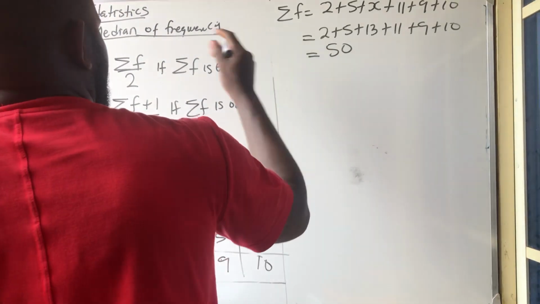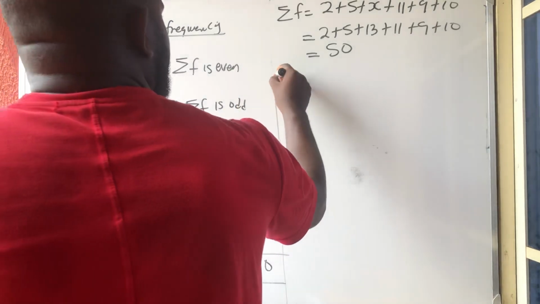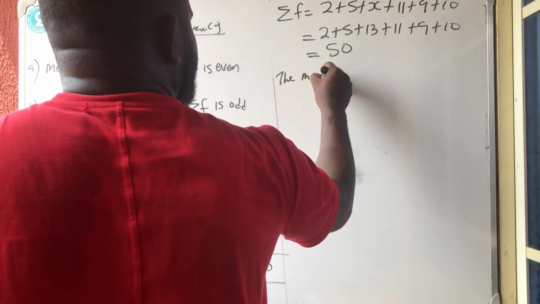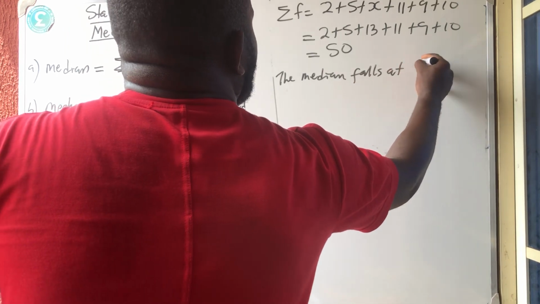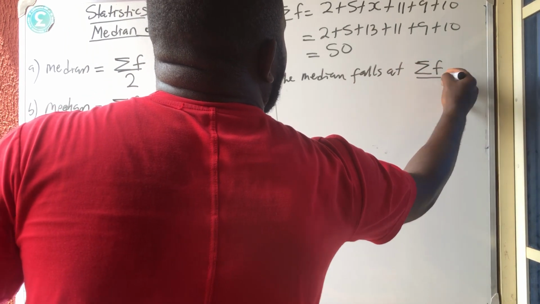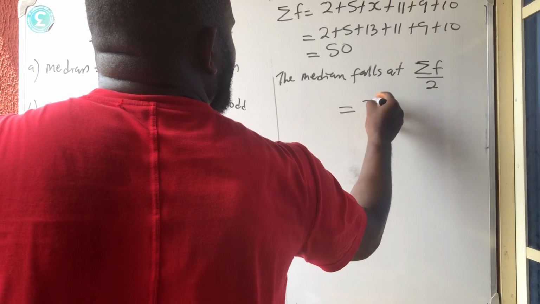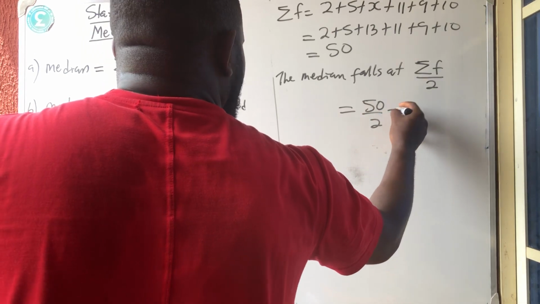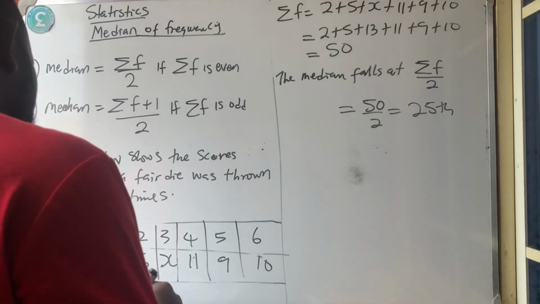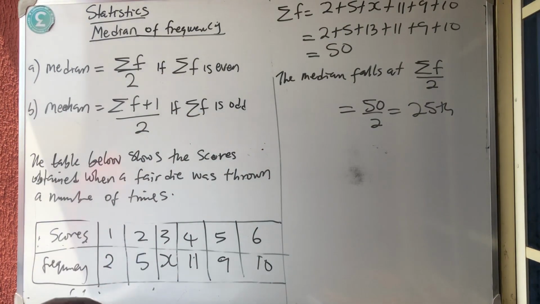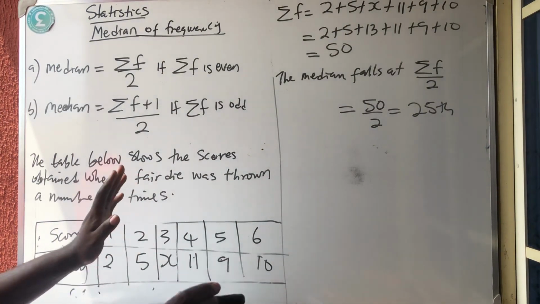So the median falls at summation f divided by 2, which is 50 divided by 2. So it is falling at the 25th. That is where it will fall, and not my answer. This is already arranged in order.